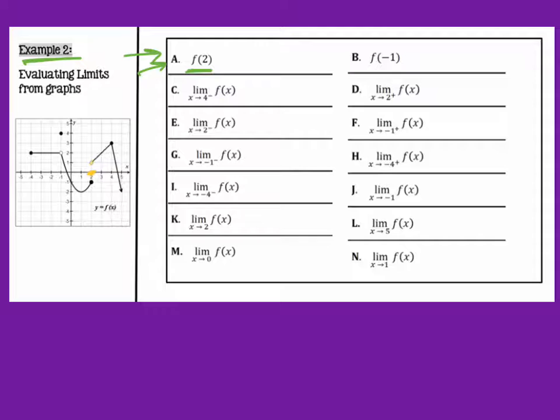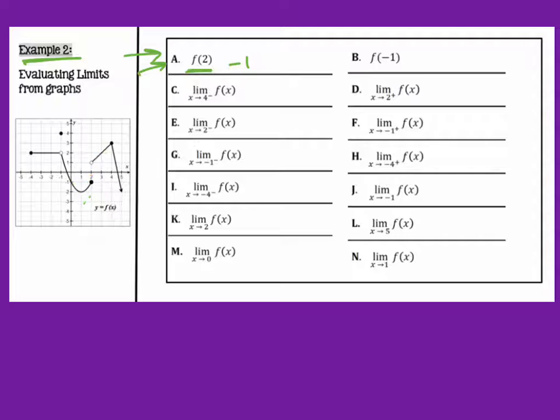Which one do I use if it asks for f of 2? Well, you use the one with the solid dot, because open means it's not really there. So I would say that y is equal to -1 when x is 2. So that would be -1.